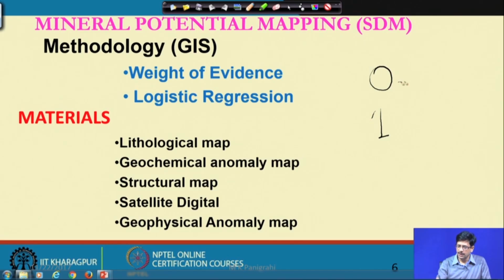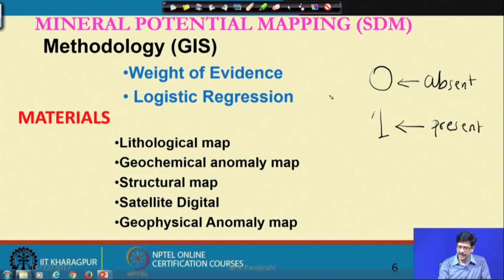Means 0 would correspond to the situation where the deposit or the feature that we are looking for, in our case an ore body, is absent, or the situation could be that the ore body is present.